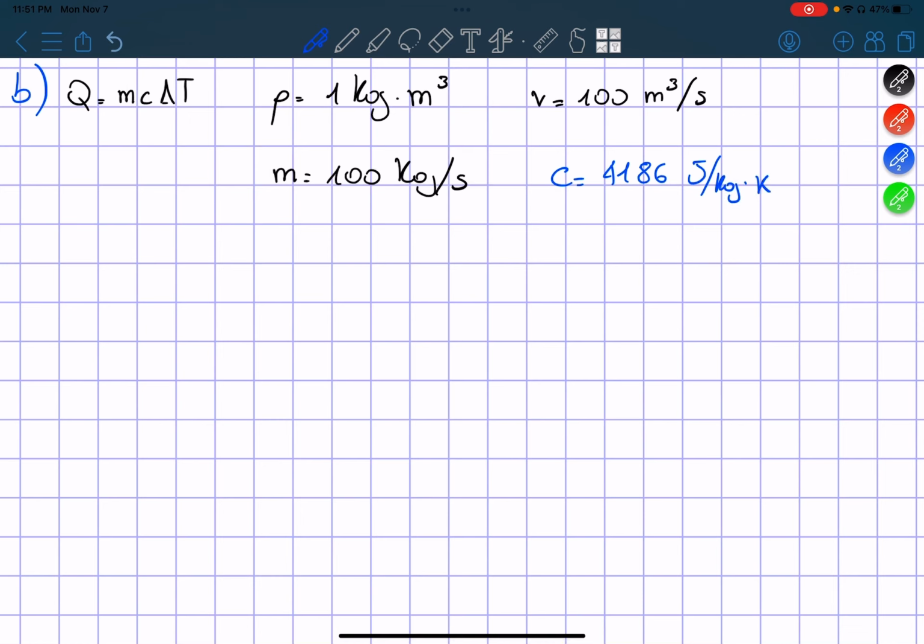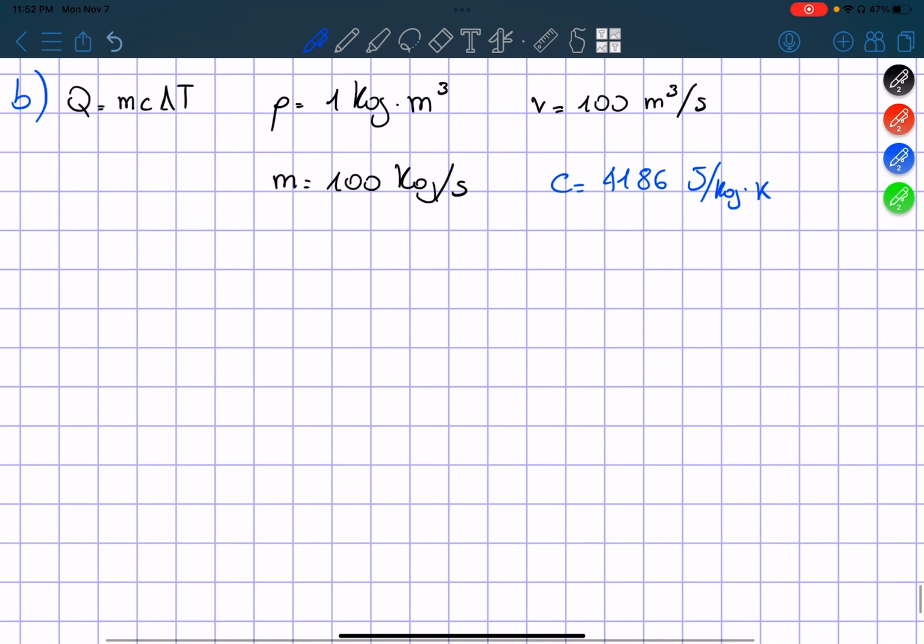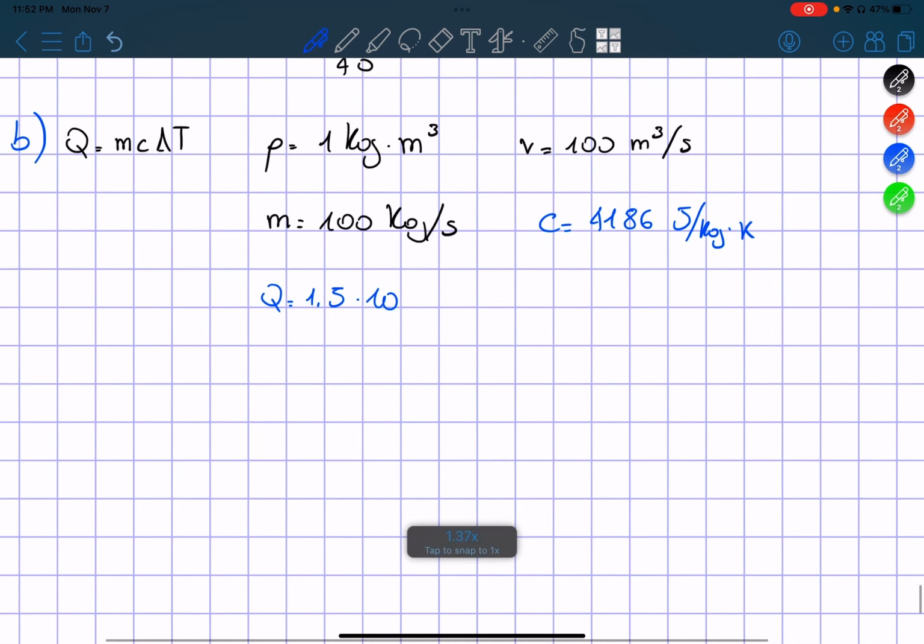Actually, let's call everything Kelvin. I want to have everything in the same units. So we know that Q is equal to 1.5 times 10 to the power of 9 watts, because it's a gigawatt.